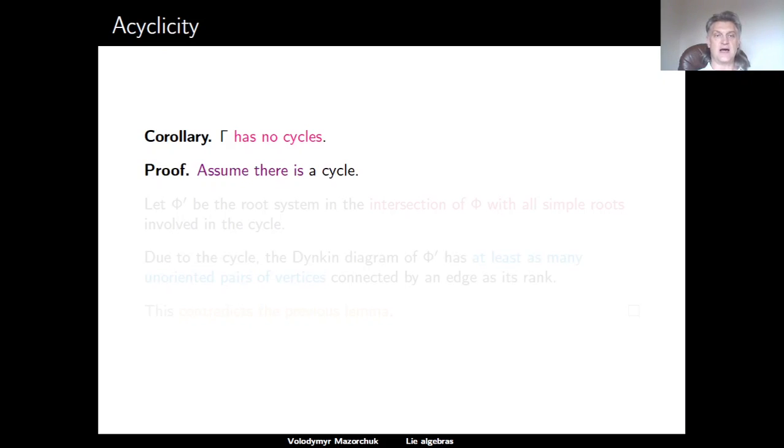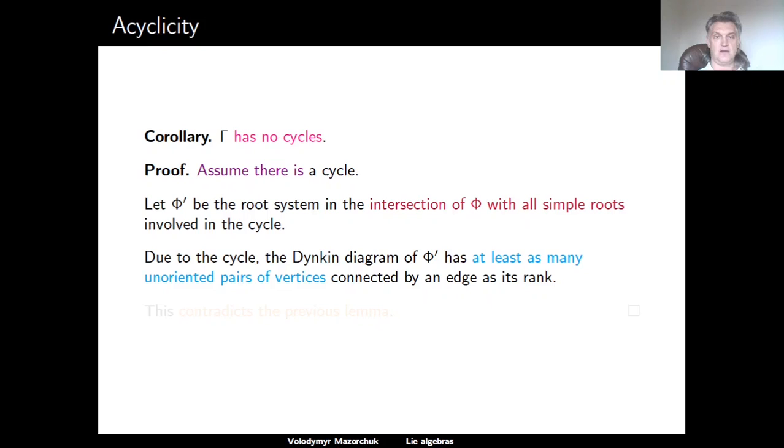Indeed, assume that gamma has a cycle. Let phi prime be the root system in the intersection of phi with all simple roots involved in the cycle. In other words, we simply assume that the cycle connects all simple roots. Due to the cycle, the Dynkin diagram of phi prime has at least as many unoriented pairs of vertices connected by an edge as its rank.